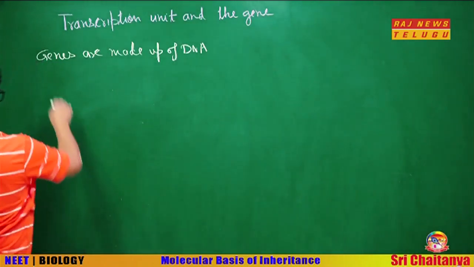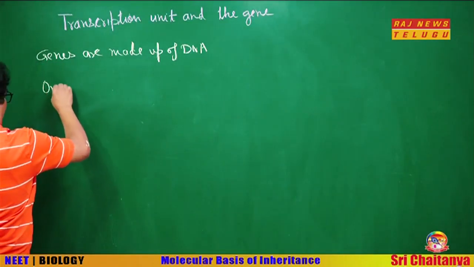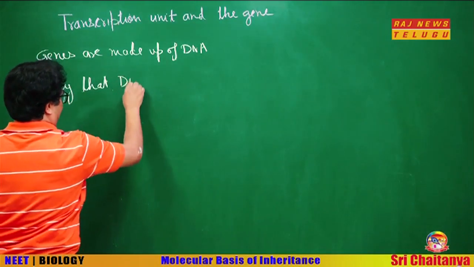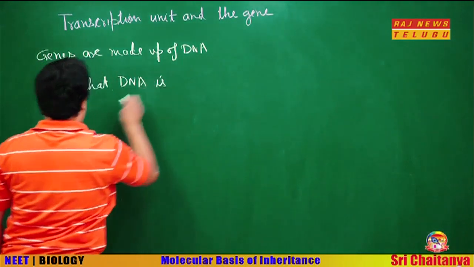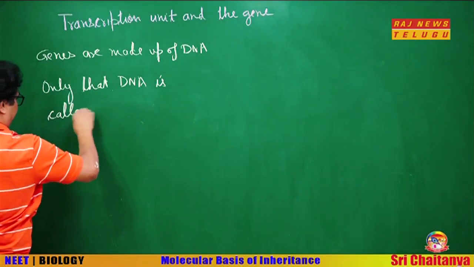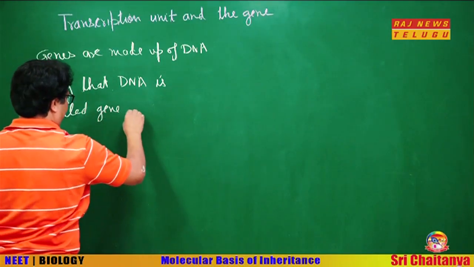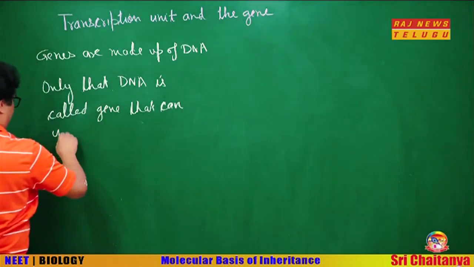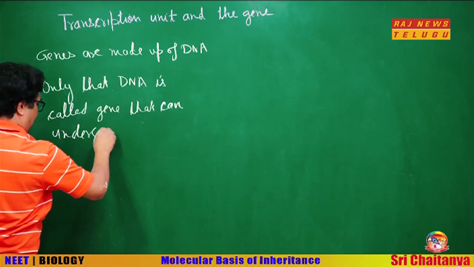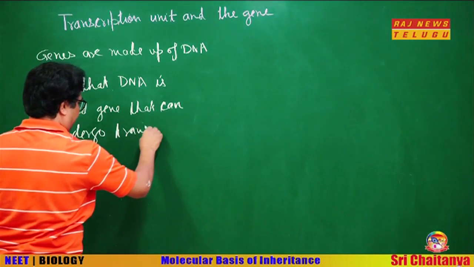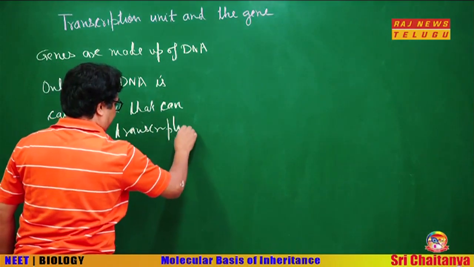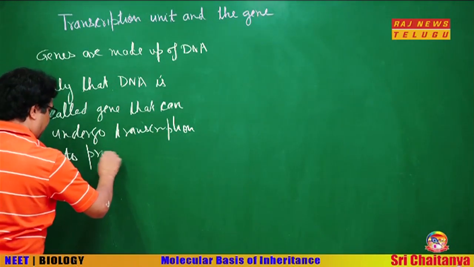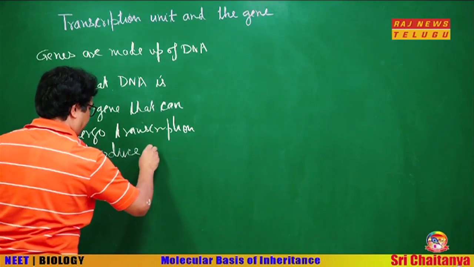Okay, but only that DNA is called gene that can undergo transcription to produce RNA.